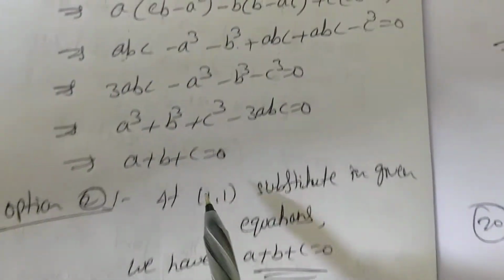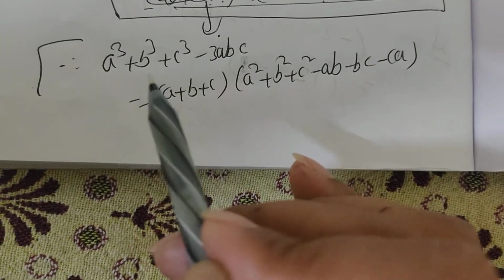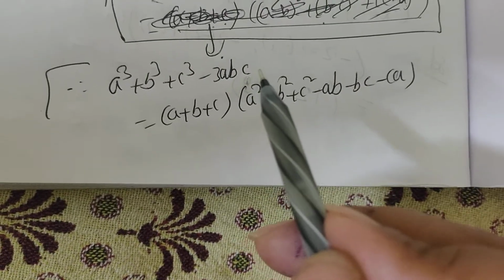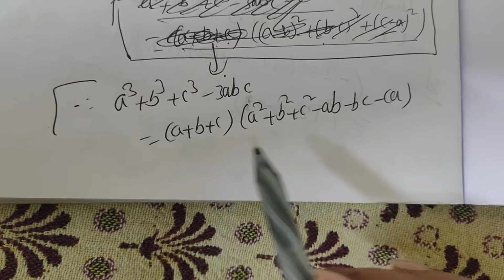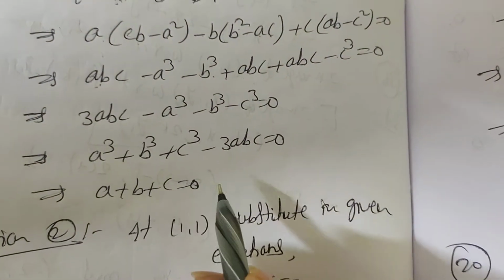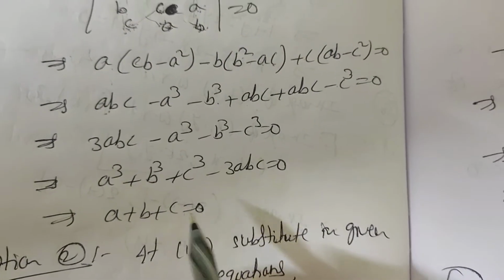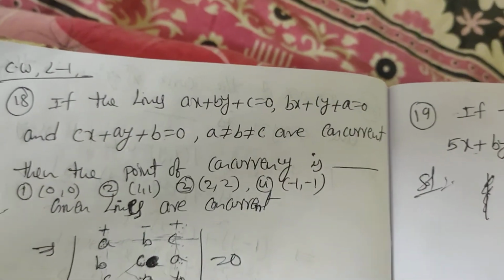Here we got a cube plus b cube plus c cube minus 3abc is equal to 0, so this product is also equal to 0. That means either this one is equal to 0 or this one is equal to 0. Here I am considering a plus b plus c is equal to 0. So the condition we got is a plus b plus c is equal to 0; then only these three lines are concurrent.